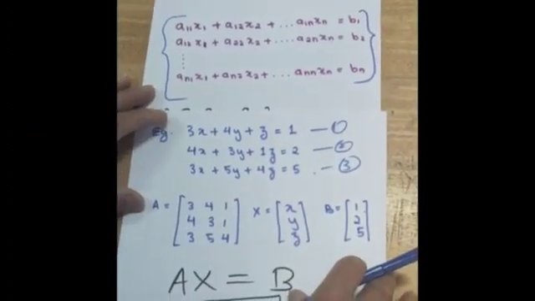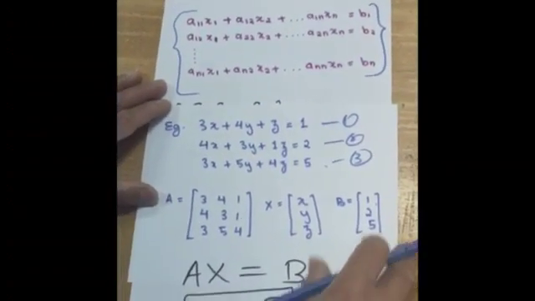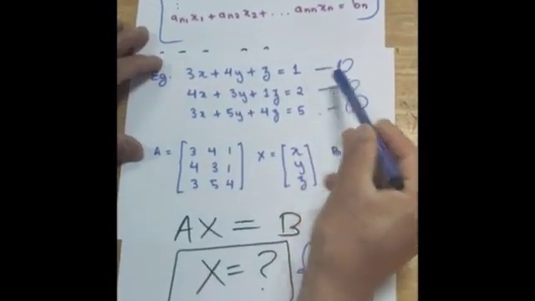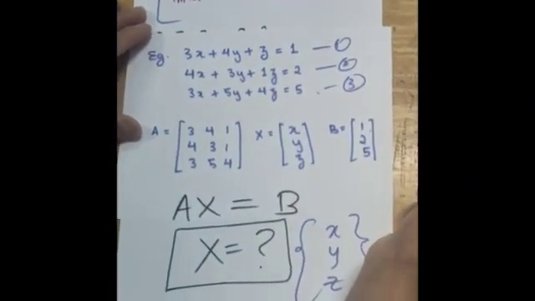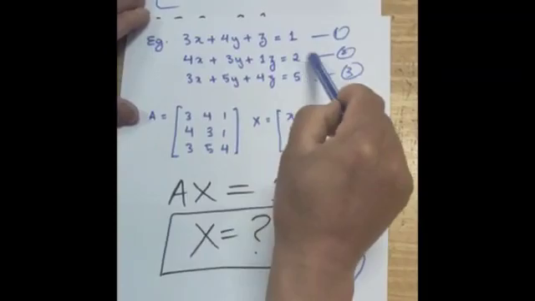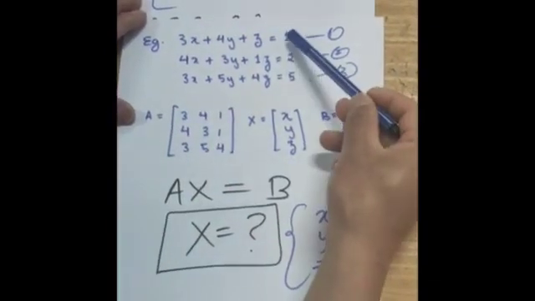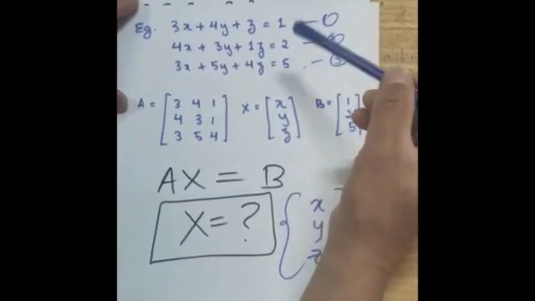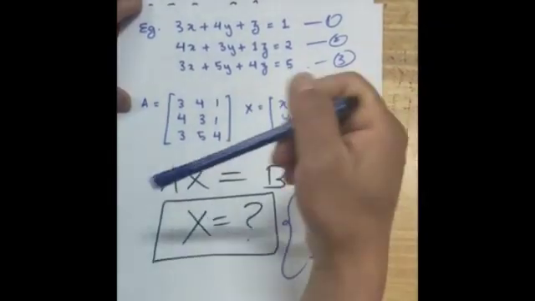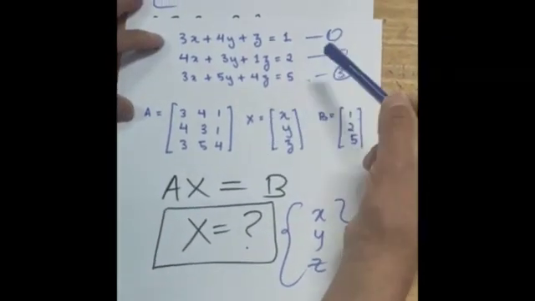Now, if we are given a system of three linear equations, how do you transform this system of linear equations into the form of a matrix?